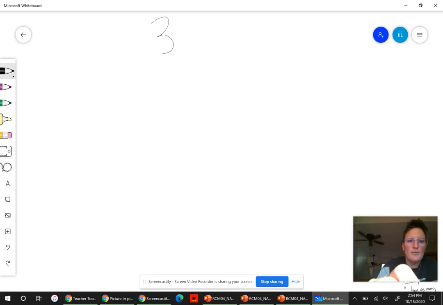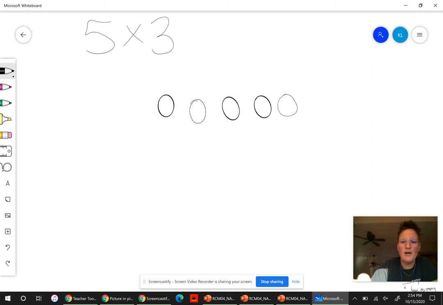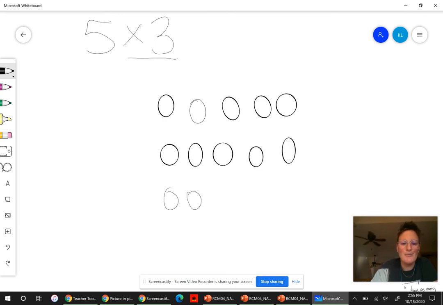Okay, so my problem was, I think we started with 5 times 3. So I would draw, I'm just going to use circles this time, 2, 3, 4, 5. There's my first row, but I need 3 rows, so then I'm just going to draw a third row. It's kind of cool how my pen automatically turns some of them into circles, but not all of them. Okay, so now here's my array.